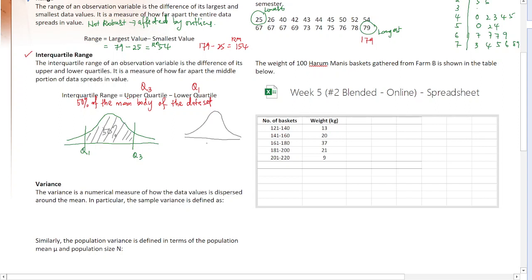This is Q1, this is Q3. Compare it with the one on the left side. If you look at this, which one is closer together? Which diagram gives us the picture that the data are close to one another? Of course, this will be more consistent, right?